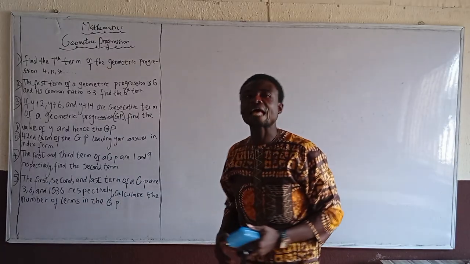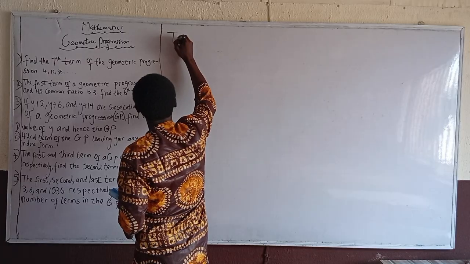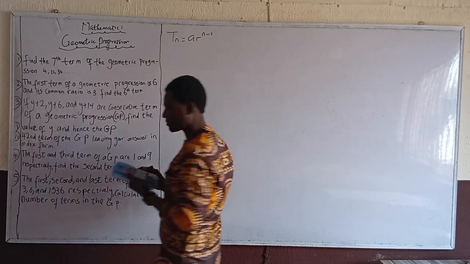Now, the nth term of GP is given as Tn equals AR raised to n minus 1.